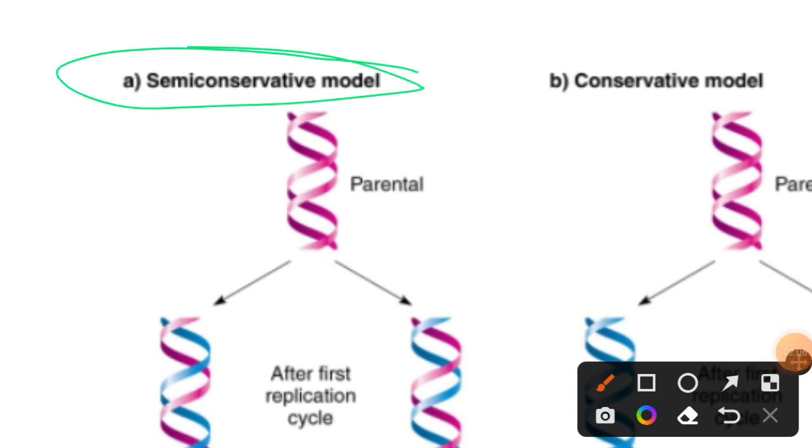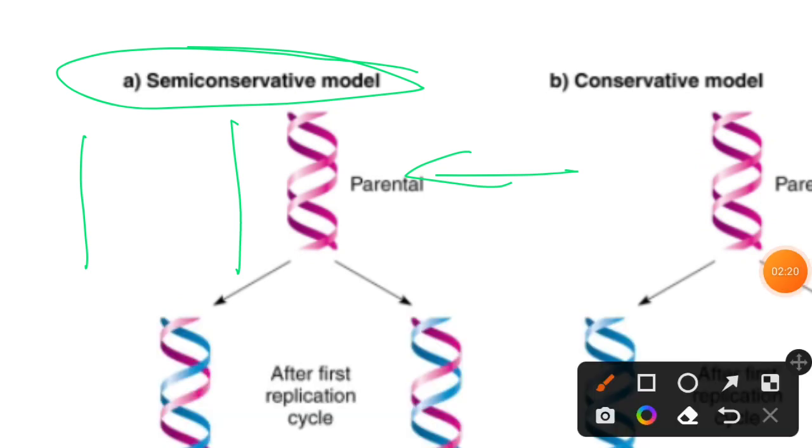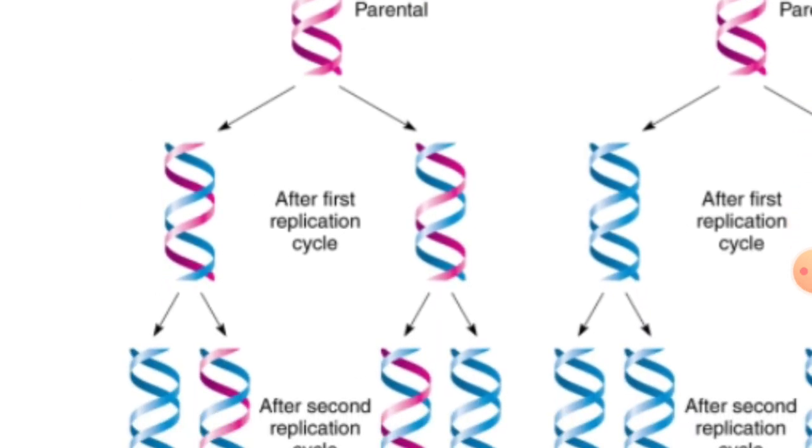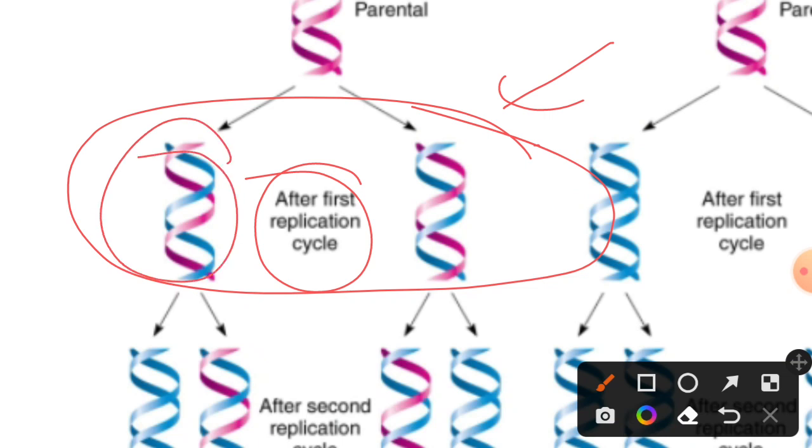What the semi-conservative model wants to tell us is that during replication, the parental strand breaks into two different single strands, and a new strand, which I can call the daughter strand, is formed, which is exactly complementary to the parental strand. That is what this picture tells us, and this is the condition after the first replication cycle.